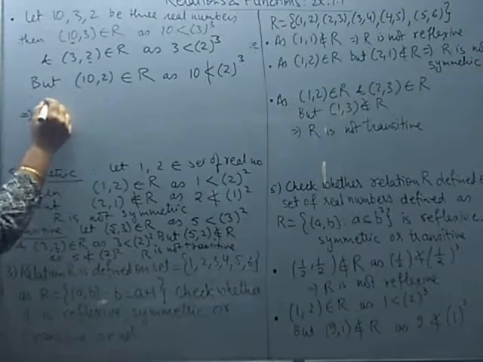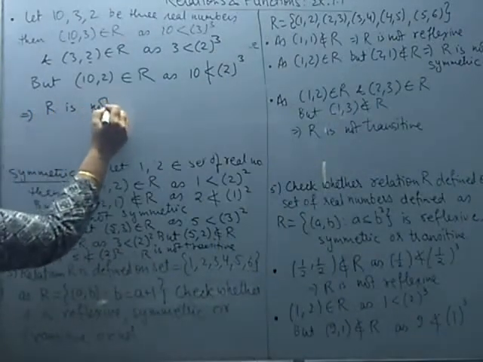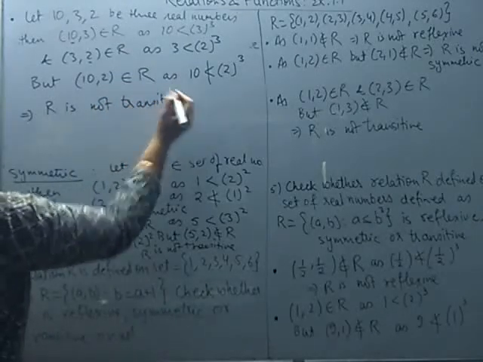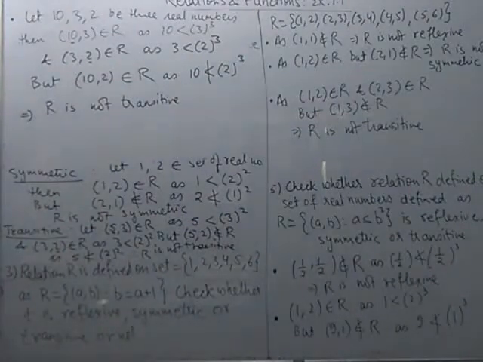This implies R is not transitive. Fine. So these were some examples where we could check whether the relation is satisfying any one of those conditions. If you see, in all these three examples, none of the relations was reflexive, symmetric or transitive.